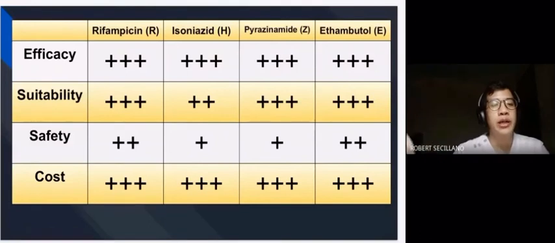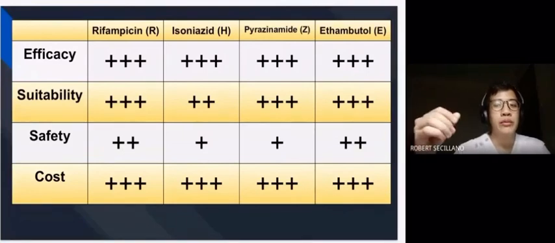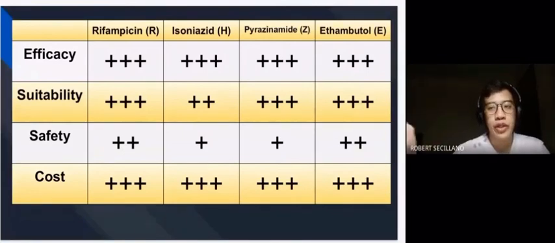Next, isoniazid, I've only placed 1 plus because it can cause hepatitis and peripheral neuropathy, which is more common in patients with DM, like our patient. It can also cause CNS toxicity and psychosis.